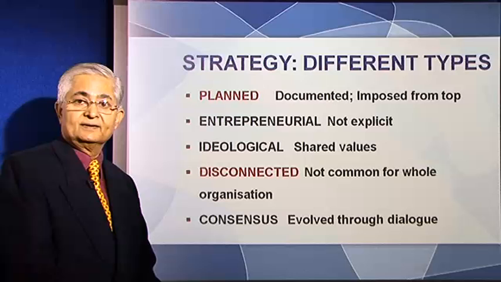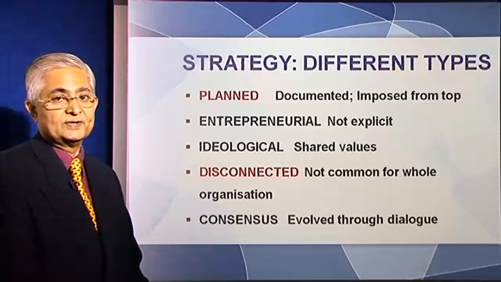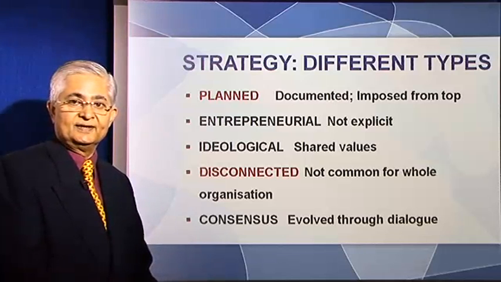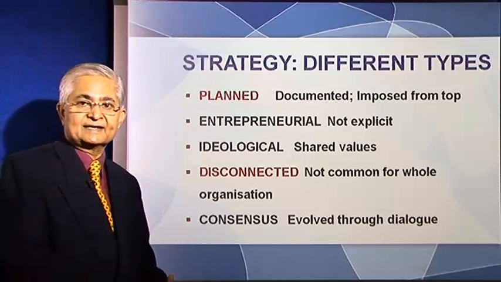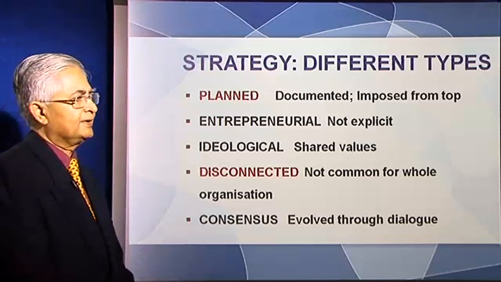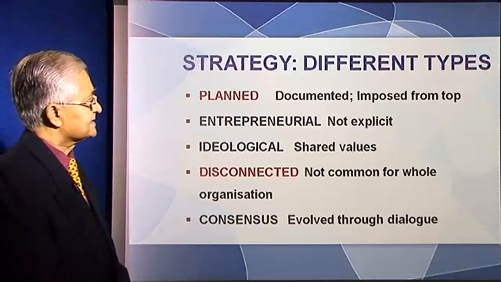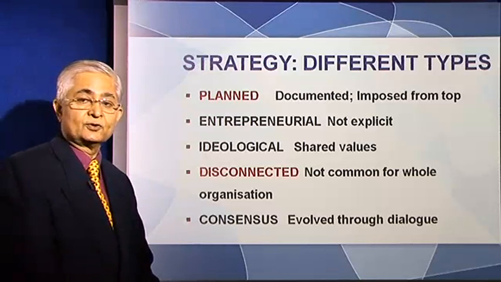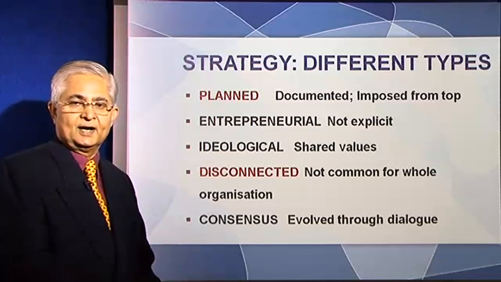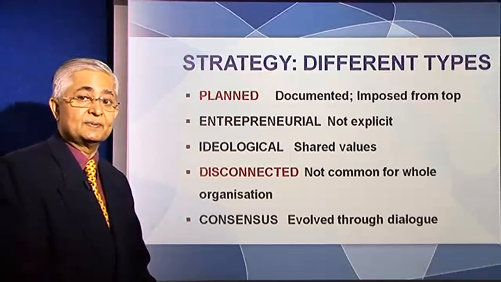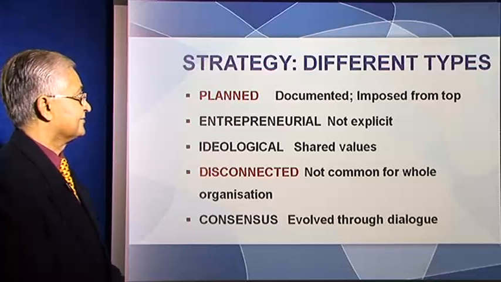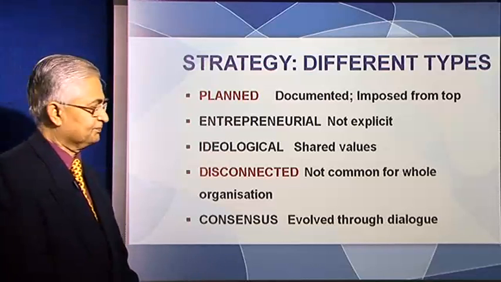This is very typical in the case of organizations which are in the process of growing up, when the first entrepreneur is actively involved in management of the organization. The entrepreneur has a lot of assumptions, and he has a lot of strategic pointers in his mind. However, these are not made explicit. So, entrepreneurial strategy is very different from planned strategy.